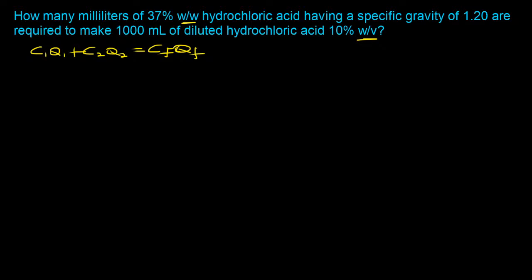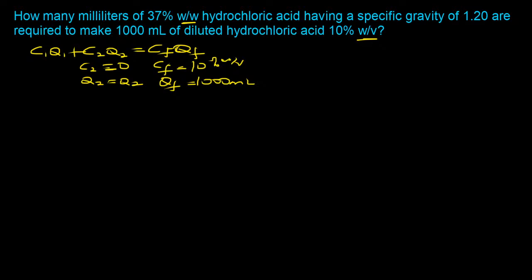So we know what C2 is, that's your diluent, so it has 0. Q2, we don't know what it is, so Q2. C final is going to be the 10% weight by volume, and then your Q final is actually 1000 milliliters.